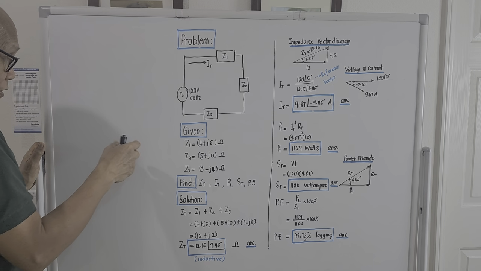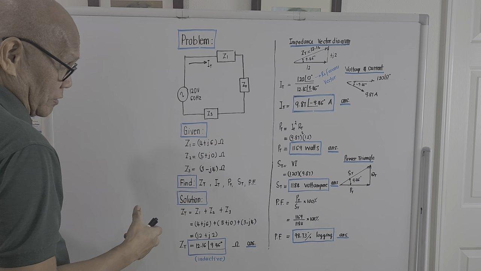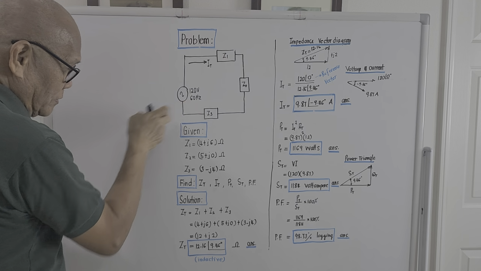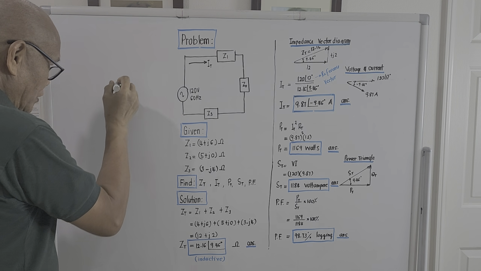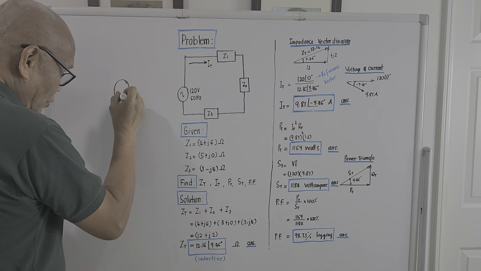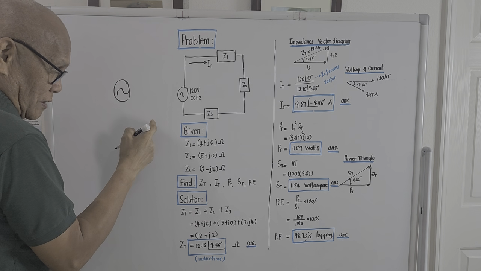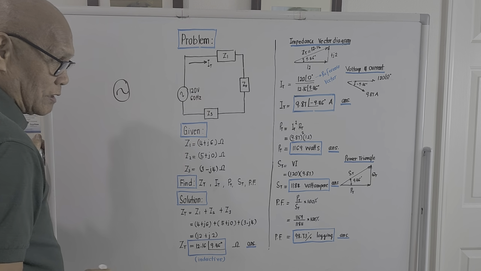We are given a circuit here. Obviously, the circuit is an alternating current circuit. This is the symbol for alternator, a circle with a symbol like this. It means that the power source is alternating current.